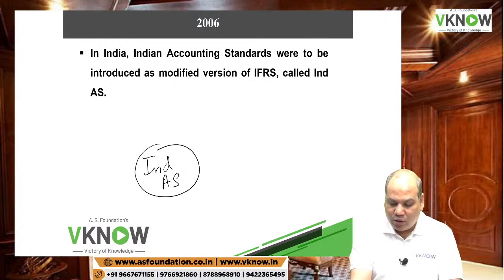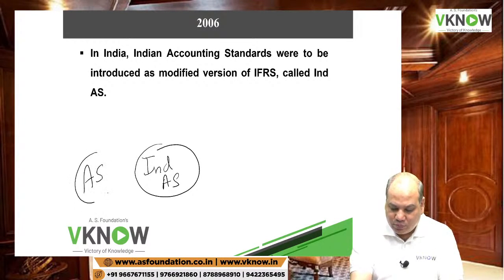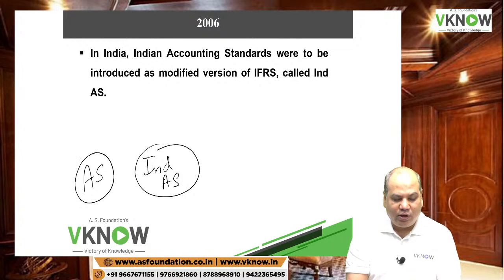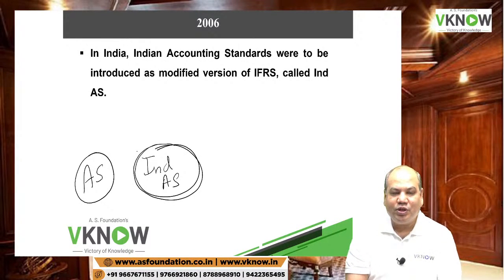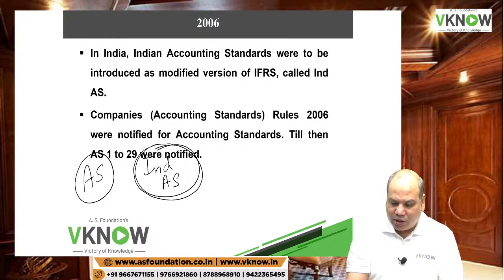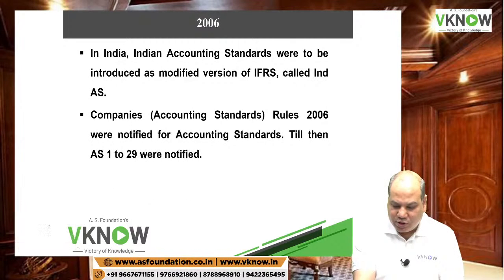So we have accounting standards applicable generally to small companies and non-corporate entities, and now in India we also have Ind AS, which are applicable to listed companies and big companies. Companies Accounting Standard Rules 2006 were formed. Now this, as I said, is a landmark year.